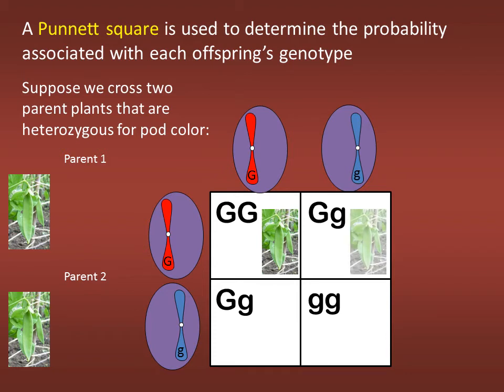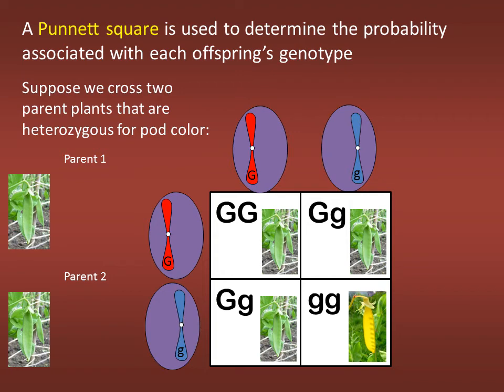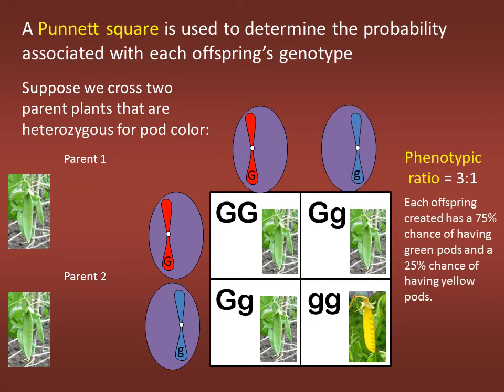And then the phenotype of these individuals can be determined by the presence or absence of the dominant allele. So in this case, we would have 3 possible outcomes with the green pods and 1 possible outcome with the yellow pods. And we call this the phenotypic ratio of the offspring, a 3-to-1 ratio of dominant to recessive phenotypes.